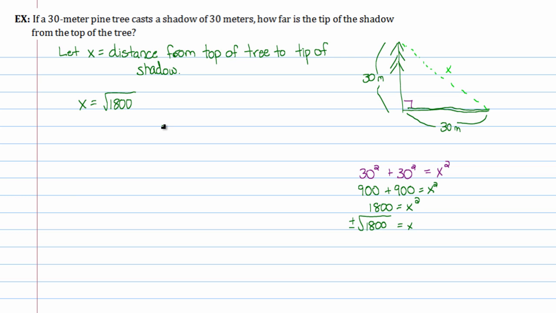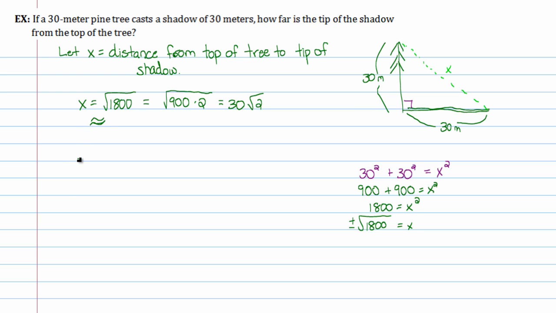Two possibilities for answers here, actually three. One, if you have an instructor that requires you to reduce radicals, which most instructors will, you could say this is like 900 times 2, and the square root of 900 is 30. Or you might have an instructor who says, listen, approximate this length to the nearest tenth of a foot, or meter, actually.